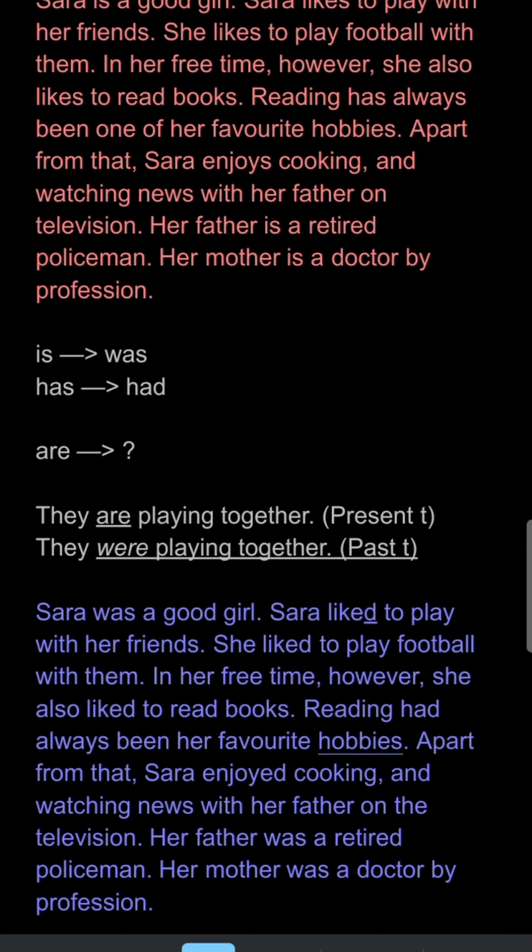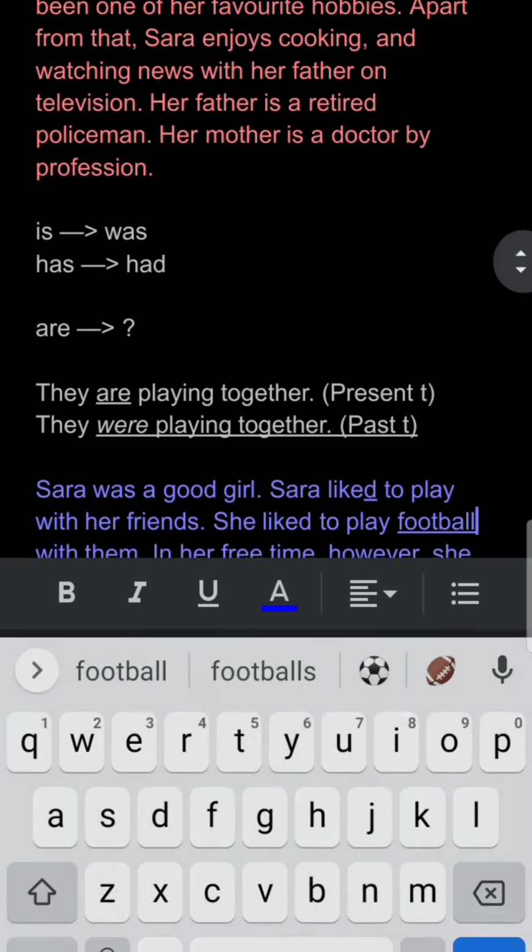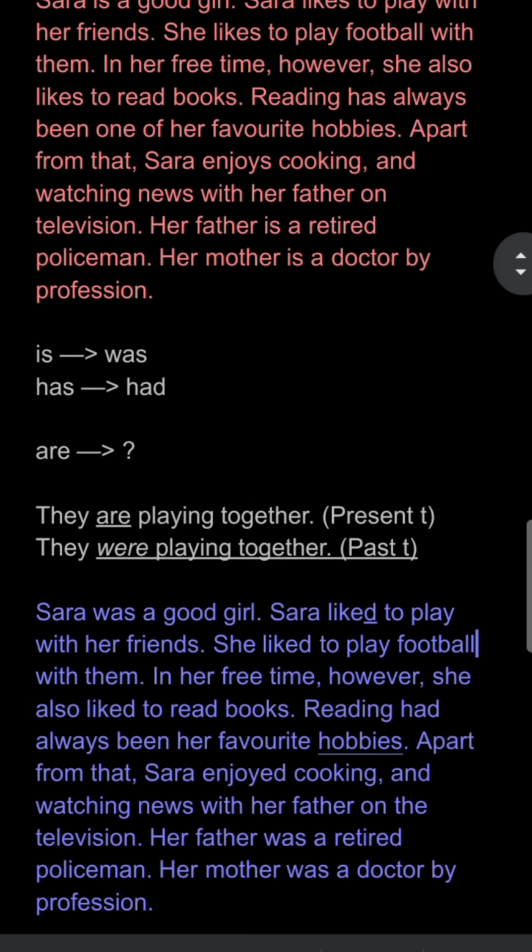Let's read it together now. Sarah was a good girl. Sarah liked to play with her friends. She liked to play football with them. In her free time, however, she also liked to read books. Reading had always been one of her favorite hobbies.